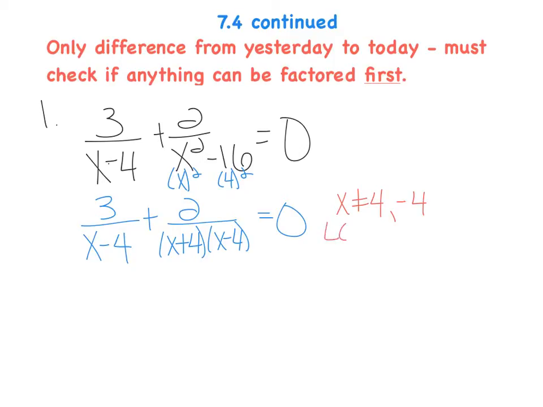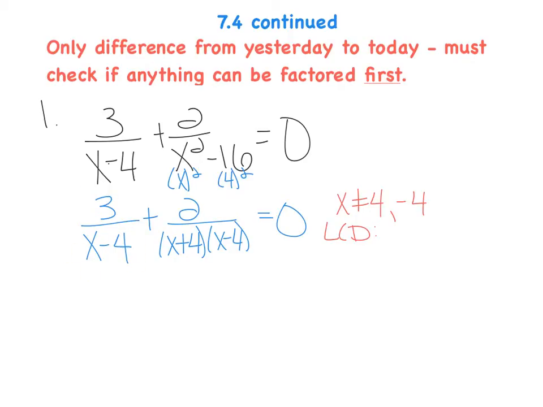And then next thing that we want to do is check for the least common denominator. I introduced this yesterday. Since I have a quantity in my numerator, I have to look at each individual fraction and figure out what would get rid of my fraction. So this first fraction here, the only thing that's making it a fraction is this x minus 4.